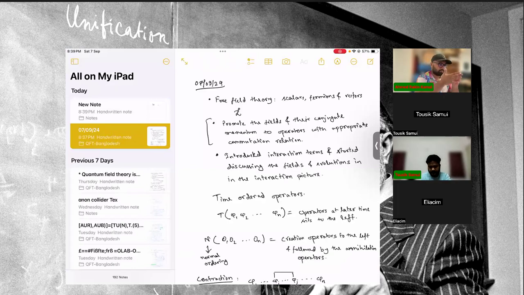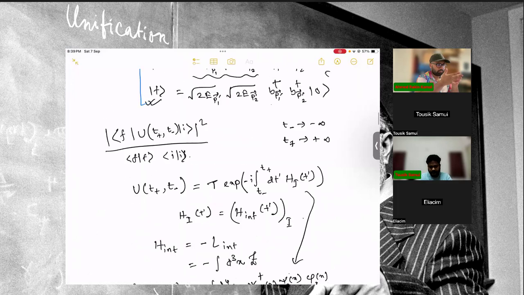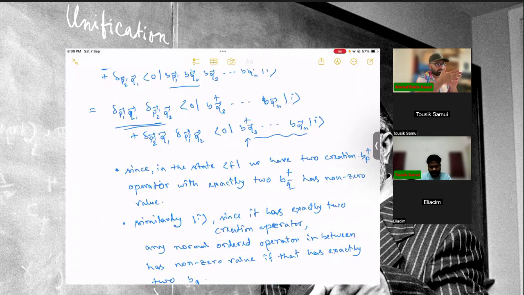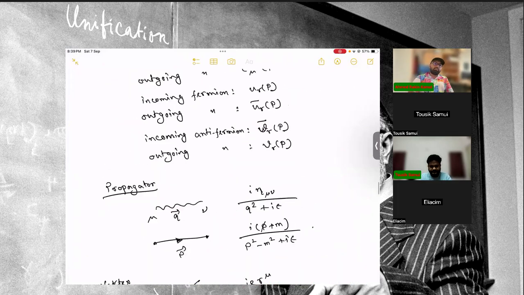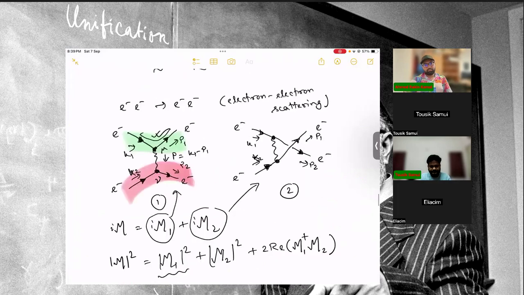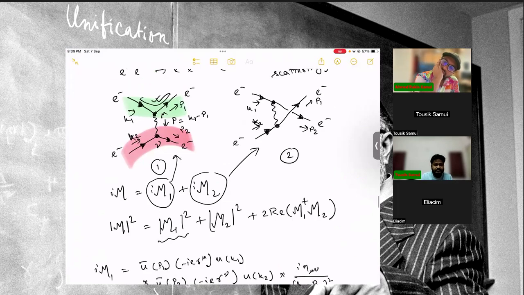In the QED part, where we were computing the electron scattering, why can there not also be an S channel? Why only T and U channels?